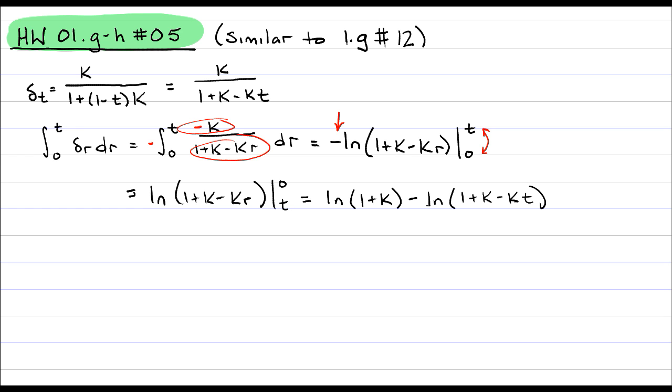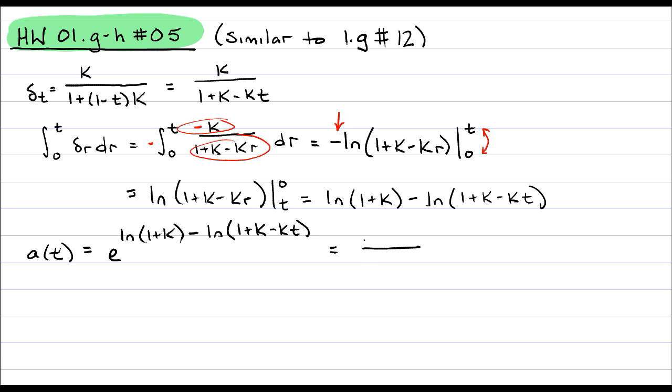So my accumulation function is a of t equals e raised to the ln of 1 plus k minus ln of 1 plus k minus kt, and I can use the laws of logarithms to write that as e to the ln 1 plus k divided by e to the ln 1 plus k minus kt.